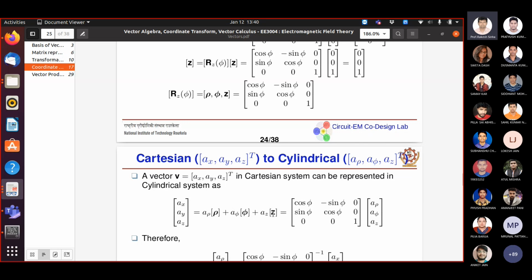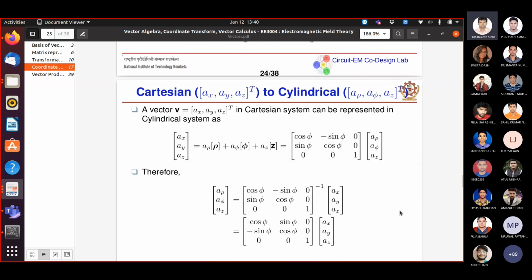And you have the z vector, and the strength is A z. We know how this has been formed. So basically this matrix with the rho, phi, and z vectors multiplies your column vector. This column vector has three different components, and they indicate the strength in that particular direction: in the rho direction, in the phi direction, and in the z direction.